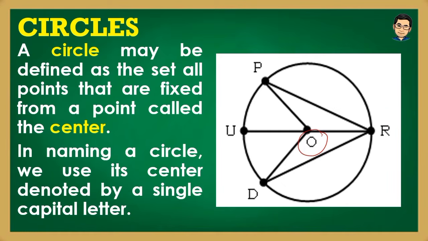Paano natin papangalanan yung given circle na yan? Yung center ng circle is O. So, yung symbol for circle, bilog, and then may point sa gitna, and then yung capital letter. Single capital letter, isa lang po. O. So, that is circle O.